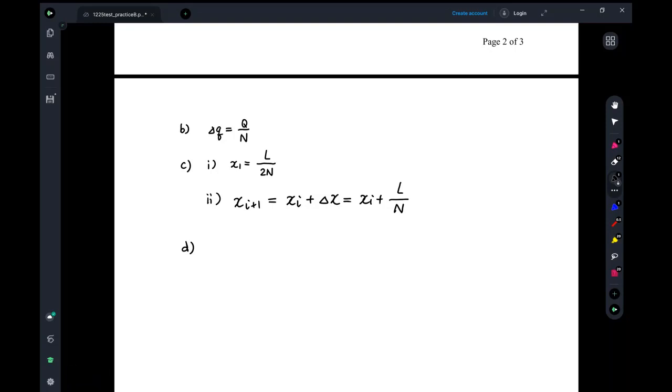First let's write down our Coulomb's law. Delta E is K delta Q over R squared R vector.